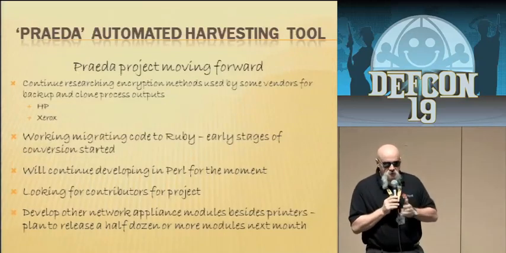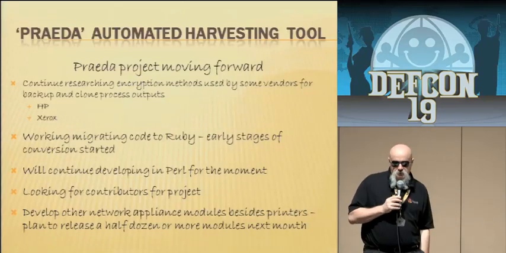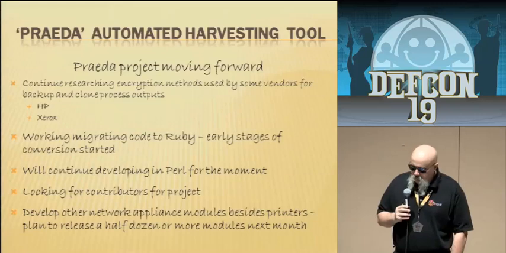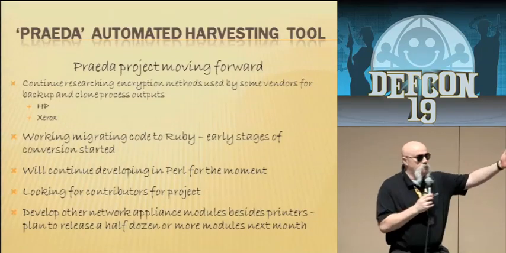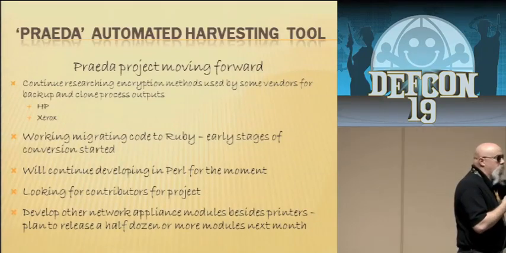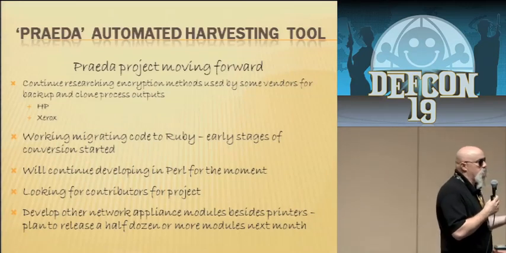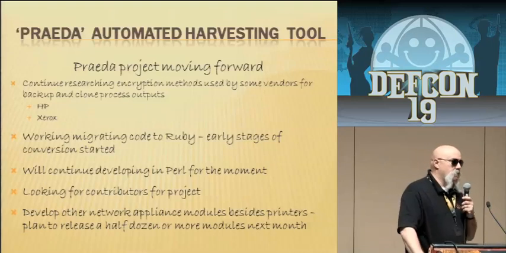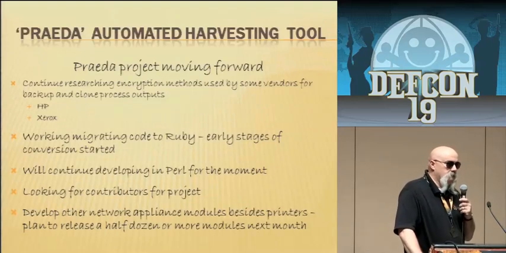So where do we see Pwnd going moving forward in the future? The goal here is, as we had mentioned with the Xerox, the password encryption part of that. So we have an ongoing project there to evaluate that and see if we can figure that out.